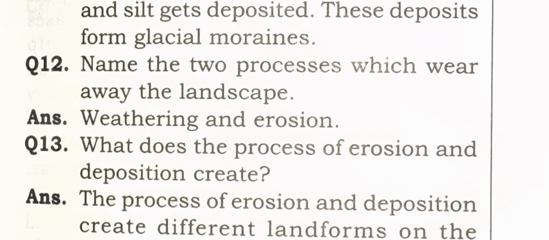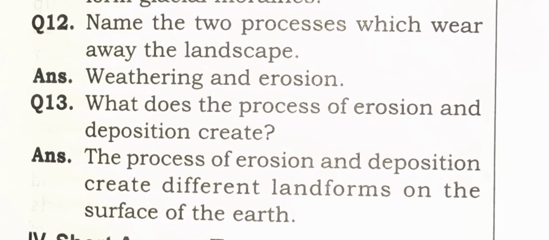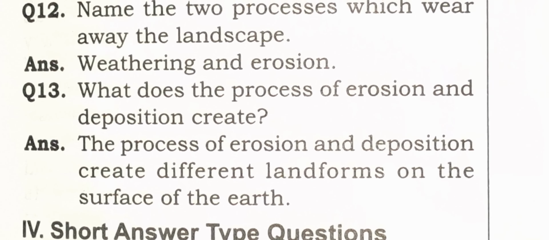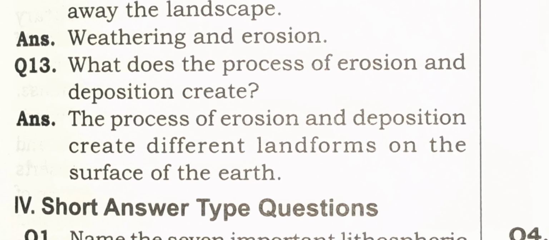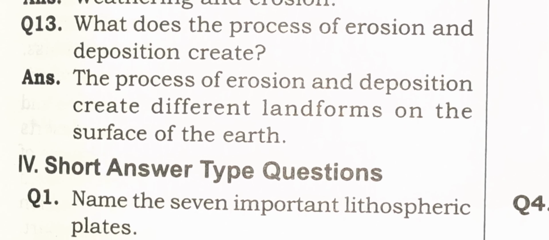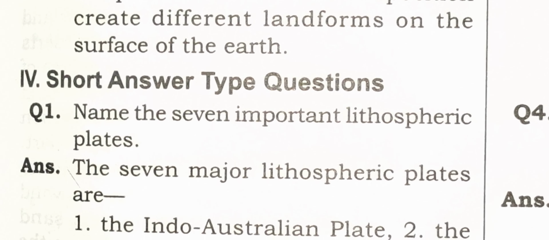Name the two processes which wear away the landscape: weathering and erosion. Question 13. What does the process of erosion and deposition create? The process of erosion and deposition creates different landforms on the surface of the earth.